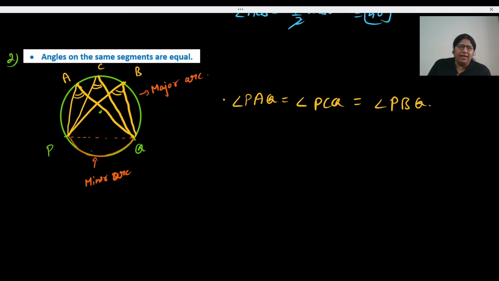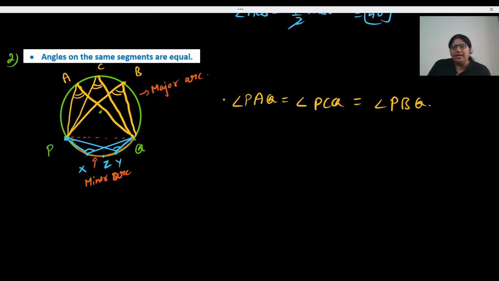Similarly, if I take any points on the minor segment, if I take this as X and this as Y, again the arc is PQ only. The angle subtended by PQ at X and the angle subtended by PQ at Y, both angles are on the minor segment. So this angle will be equal to this angle.